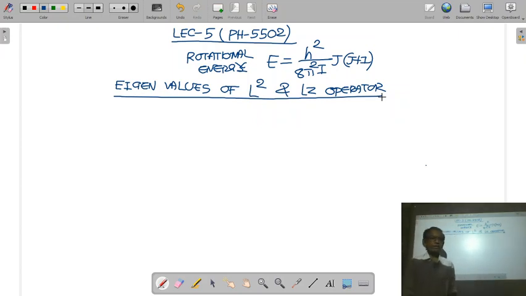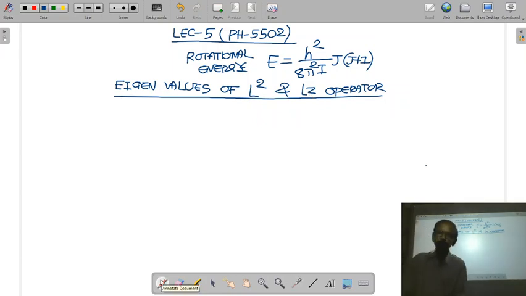What is L square? L is angular momentum and L square is the square of angular momentum. So we are going to obtain the eigenvalue of the L square operator, which is the square of the angular momentum operator, and of the z component of the angular momentum.